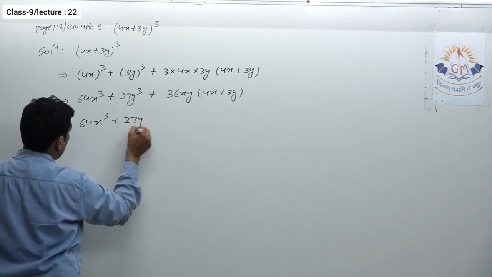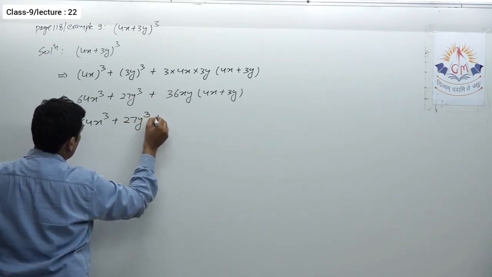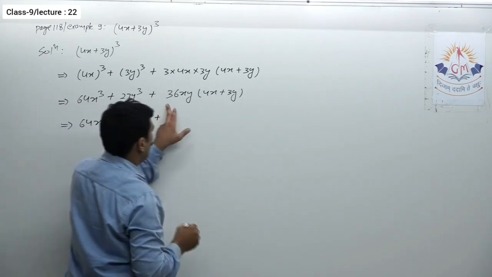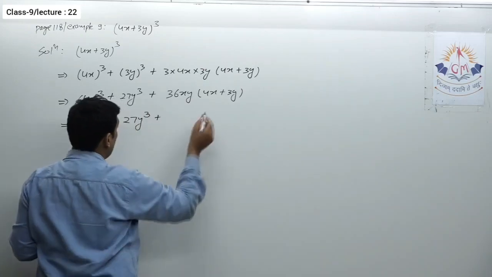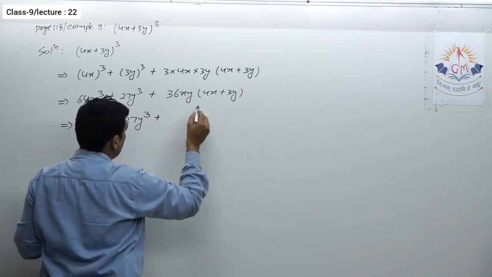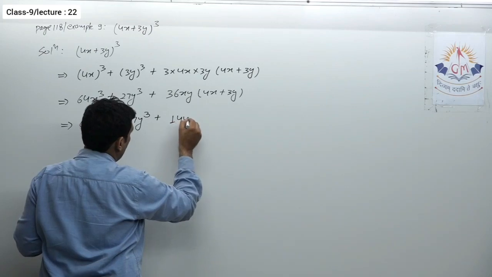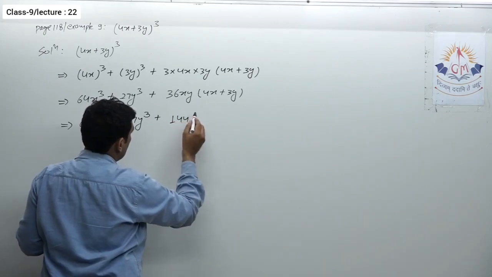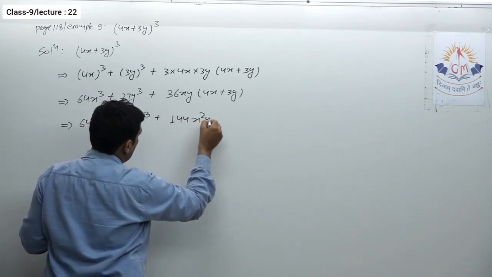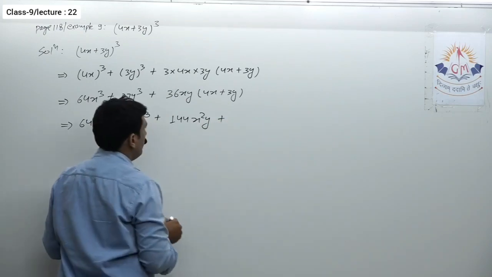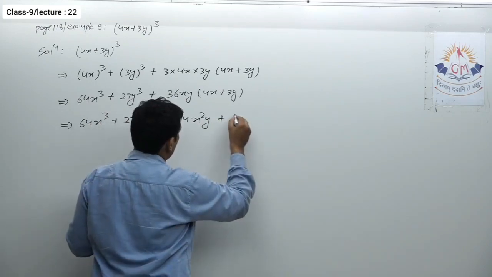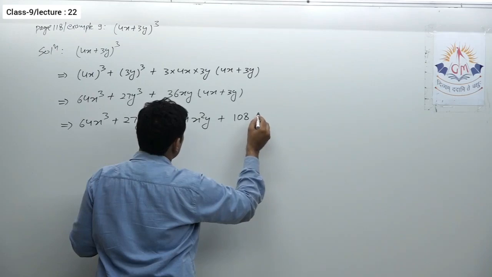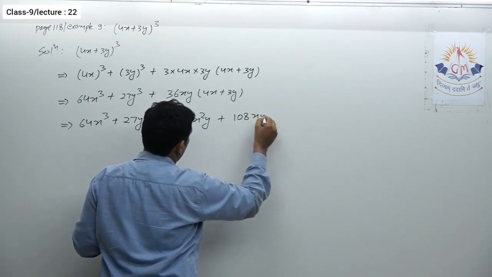So first two terms remain same. Now 36 xy multiplied by 4x gives you 144 x square y, plus 36 into 3, that is 108 xy square.